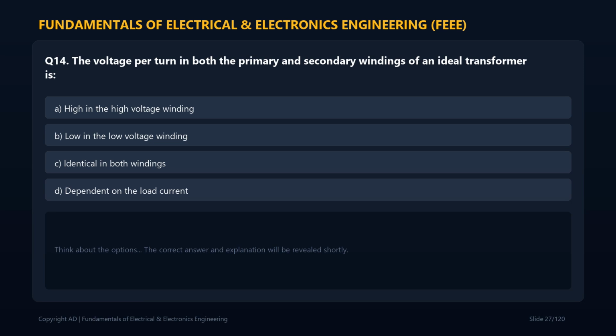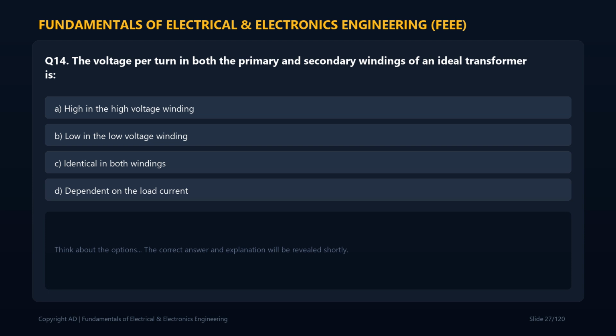Question 14. The voltage per turn in both the primary and secondary windings of an ideal transformer is option A, high in the high voltage winding. Option B, low in the low voltage winding. Option C, identical in both windings.